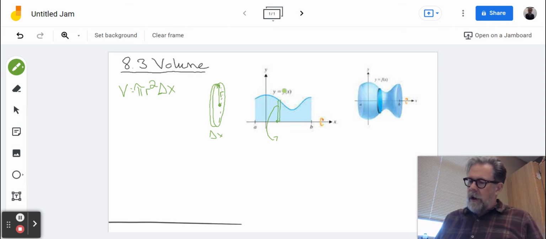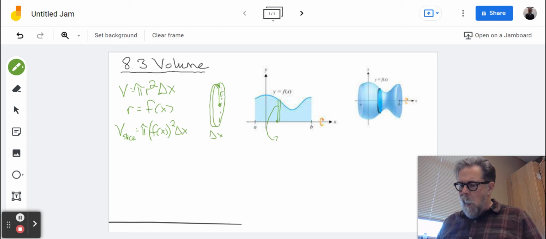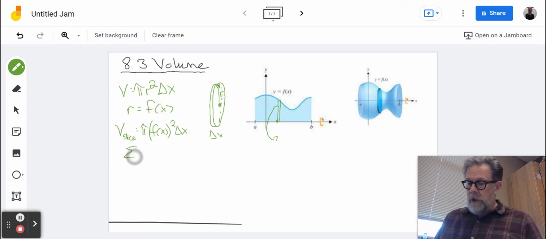Well, in this case, r is equal to the value of my function at that value of x, which means that the volume of a single slice is equal to pi times the function squared times the thickness of my slice.